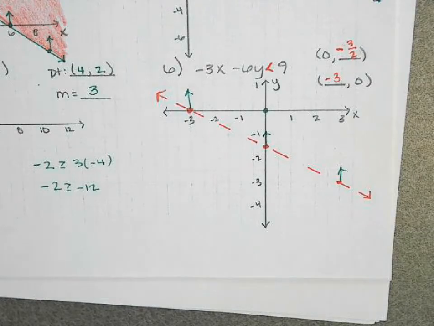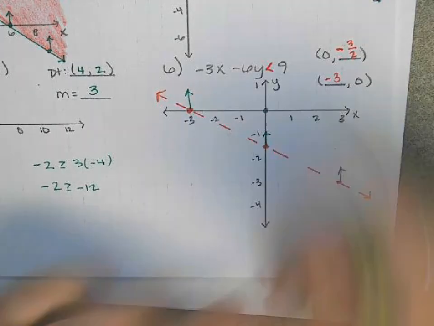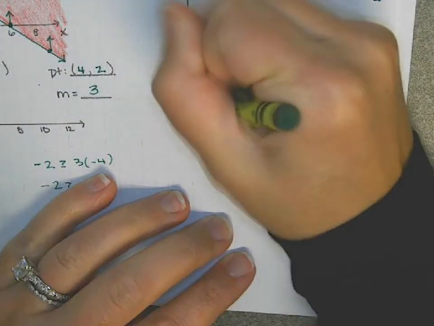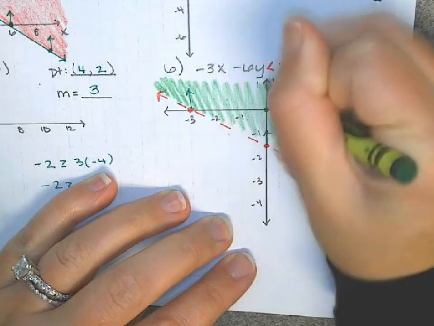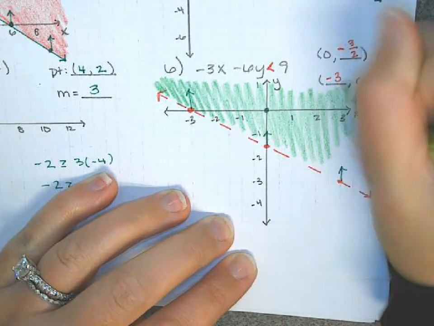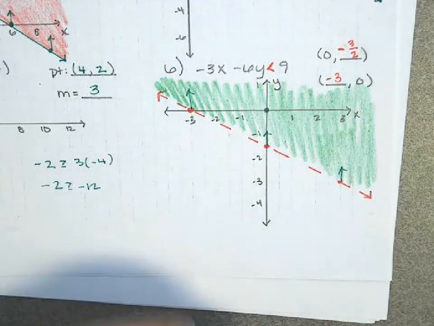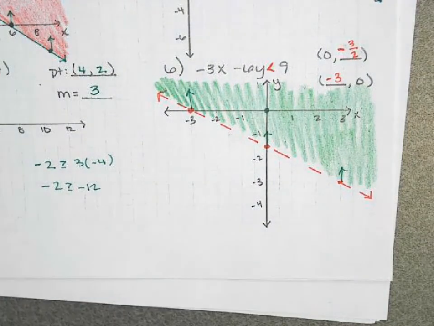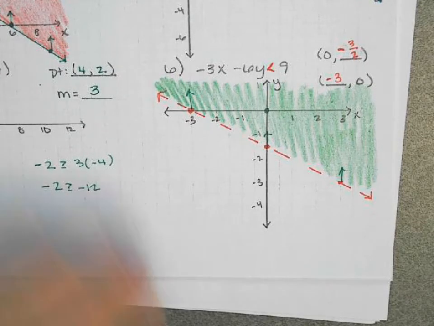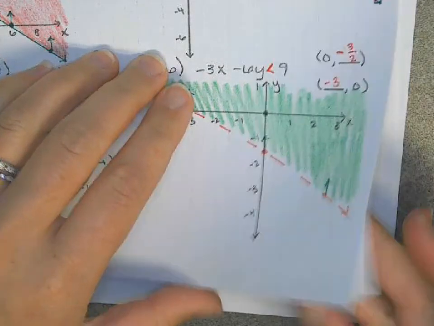Okay? Because sometimes it gets tricky that way. So this shading is going to be above the line. And we could test other points. They will still work. But 0, 0 is the easiest point to check. Okay.